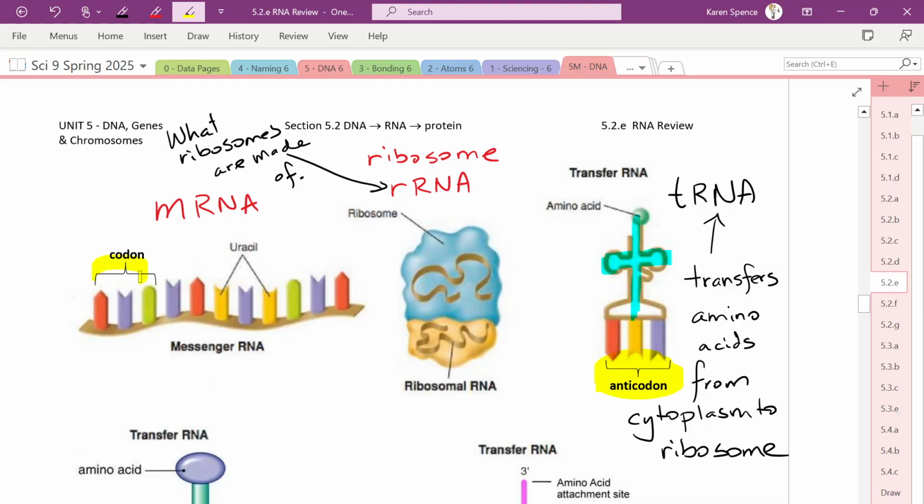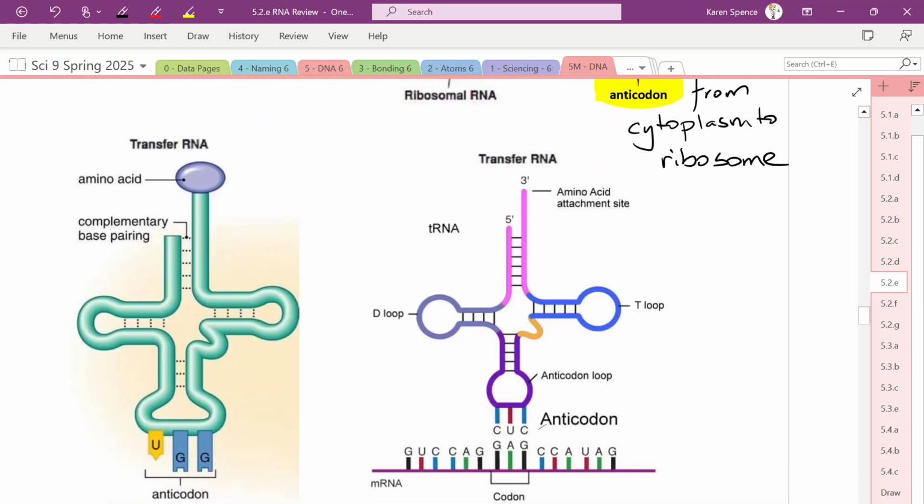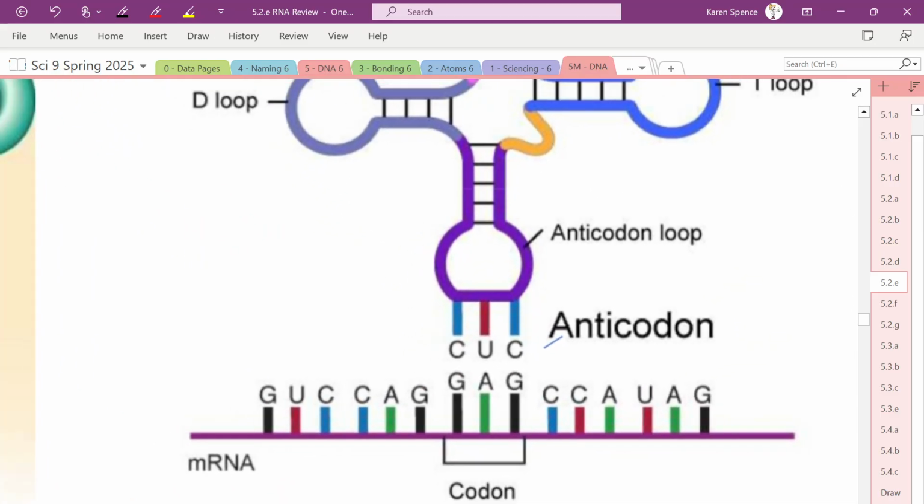And every three letters of the mRNA is the codon. And this is just to show you what it actually looks like. You can actually see that the anticodon and the codon, those two are complementary. That's like the worst bracket I've ever drawn. Maybe I should just make it a square bracket. Complementary.